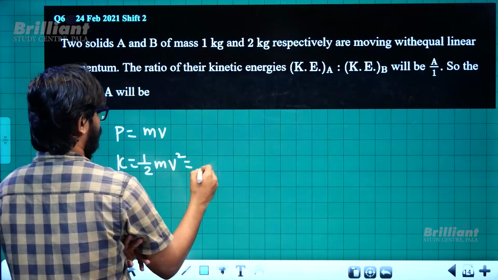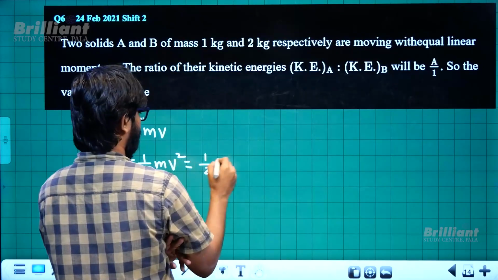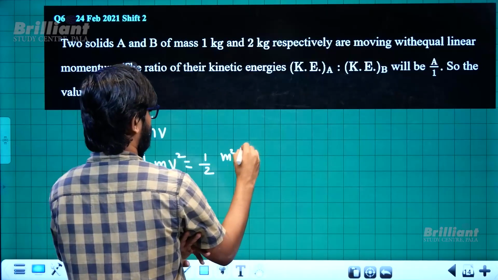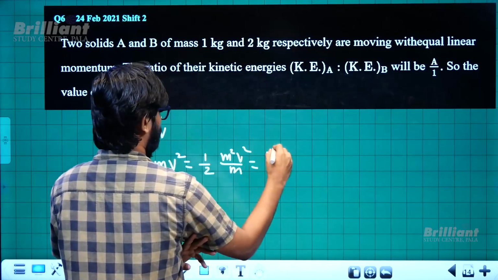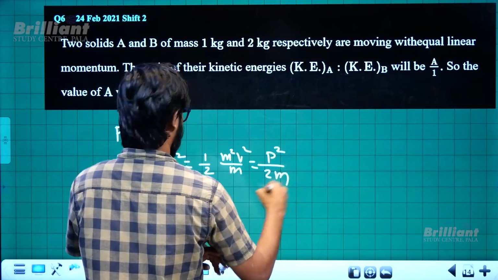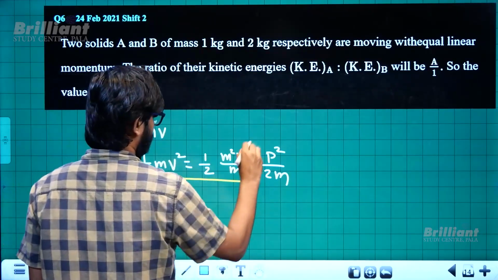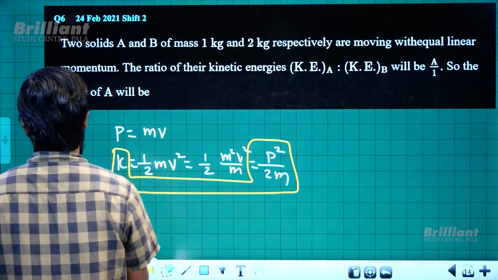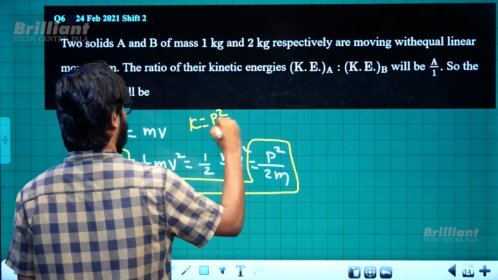So generally what we do is we multiply and divide with m, so we get m square v square by 2m, that is p square by 2m. So sometimes we write kinetic energy as p square by 2m, so that we can calculate it much quickly.